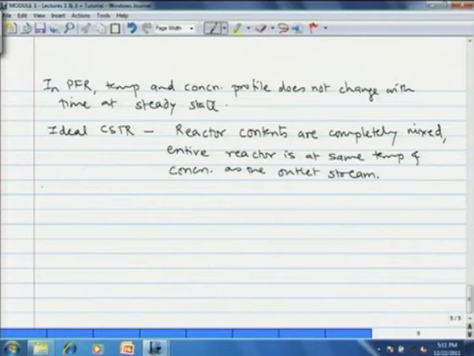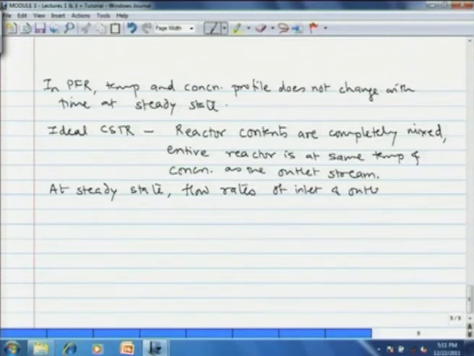Now, the idealized CSTR is also designed for steady state operation. So, at steady state, the flow rate of inlet and outlet stream remain constant, and the reactor conditions remain unchanged with time.